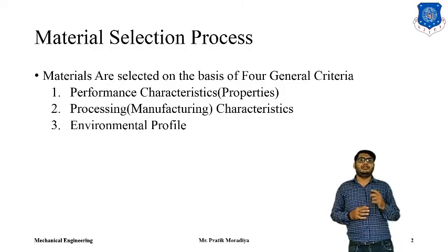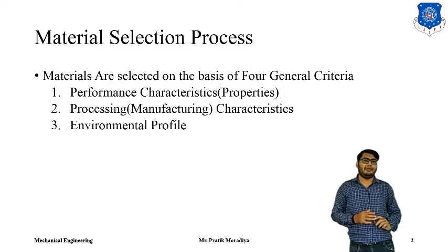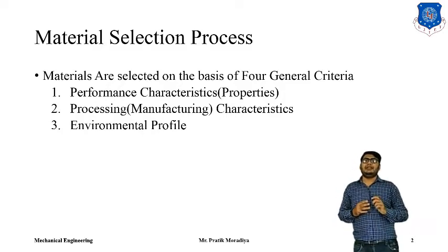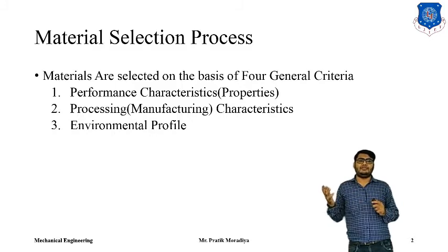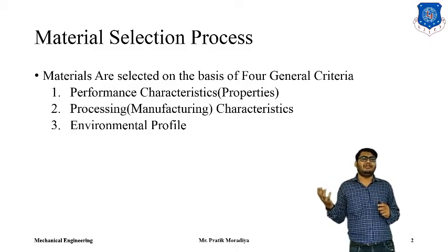Also, you should consider the environmental profile of the material. Simply take an example of plastic versus metal. Given that plastic is a cheaper material, it might have good manufacturability, but its environmental profile is far less advantageous compared to metals. Why?